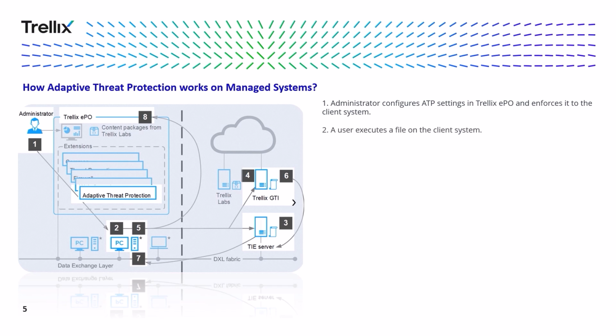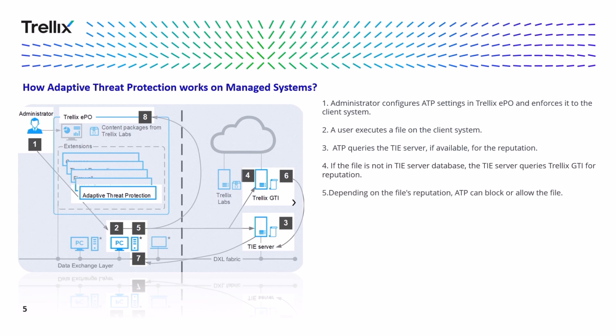A user executes a file on the client system. ATP queries the TIE server, if available, for the reputation. If the file is not in the TIE server database, the TIE server queries Trellix GTI for reputation. Depending on the file's reputation, ATP can action it to block or allow the file.